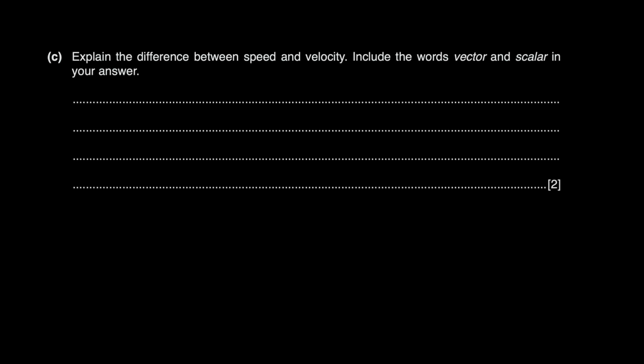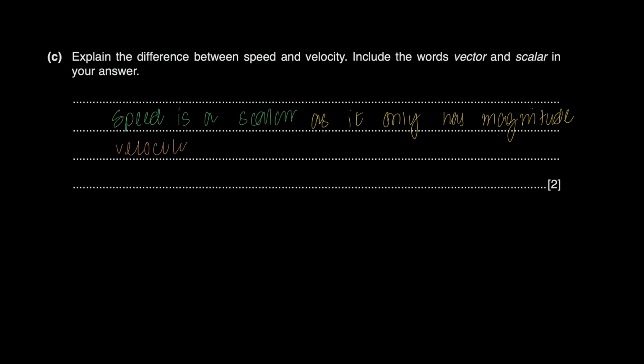Well, speed is a scalar quantity, as it only has magnitude, whereas velocity is a vector as it has both magnitude and direction.